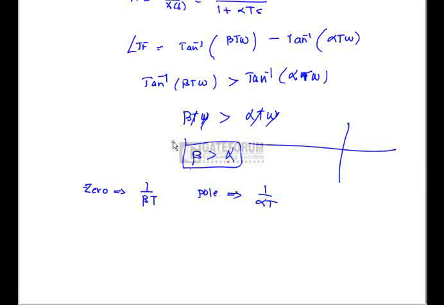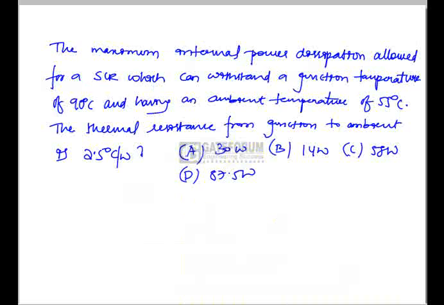Here beta is greater than alpha, hence the zero occurs near to the origin compared to the pole. Hence, option A is correct.